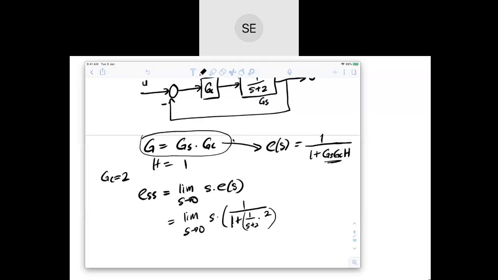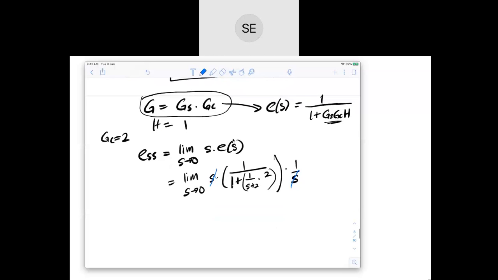Or I can just multiply that, it becomes 2 over s plus 2. Multiply by your input. Don't forget you have a step input, and then the step input's 1 over s is actually cancelled by that s there.